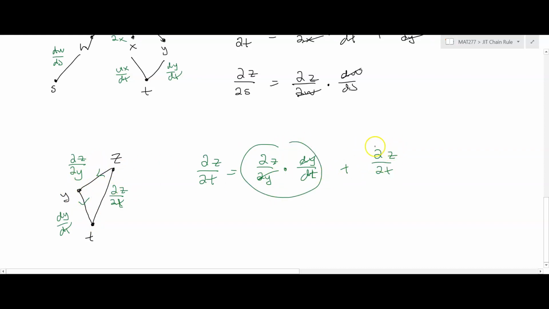And then we have this term here, which is that link right there. So this is how the multivariate chain rule works. Again, you can keep drawing the diagram out. It can get very complicated, but as long as you're following all the different paths and writing one term per path, which in some instances may be a product of two separate factors, or it may just be a standalone term, this is how it works.